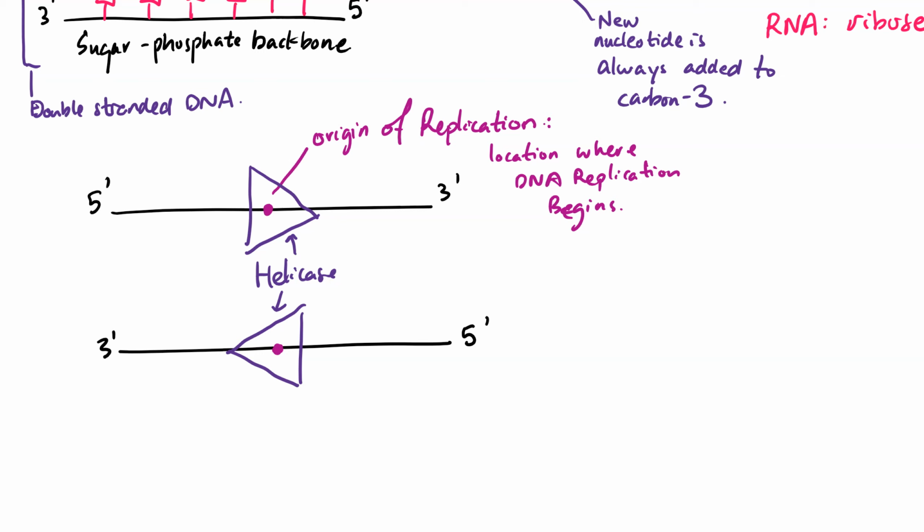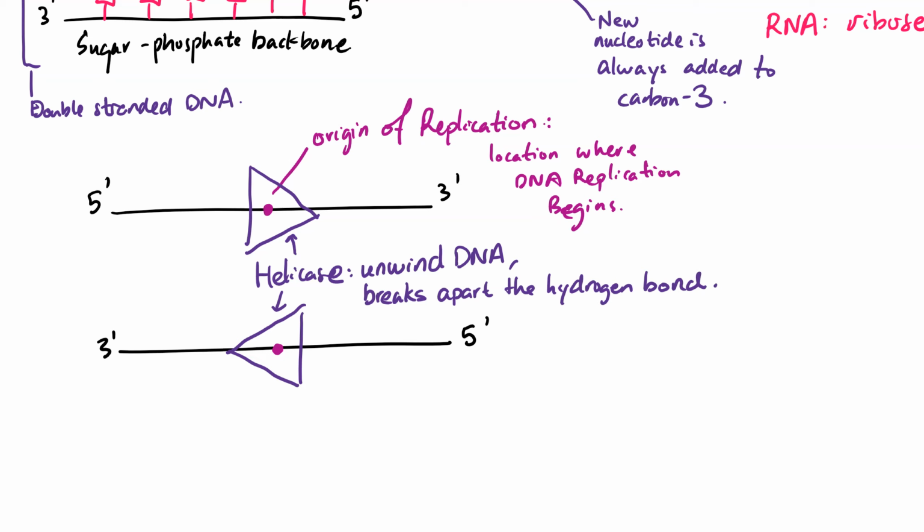It's an enzyme, and this enzyme's specific function is to unwind the DNA as it breaks apart the hydrogen bonds between the DNA bases. Okay. And they're going to move in the opposite direction. Helicase at the top is going to move in that direction, and this helicase is going to move in this direction.